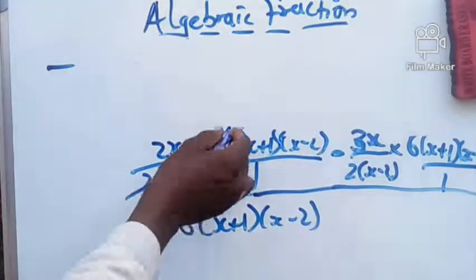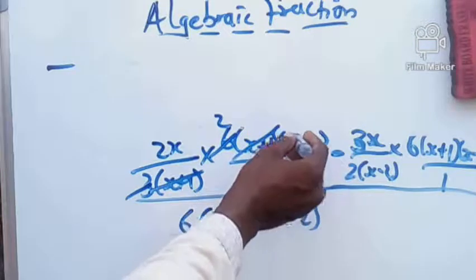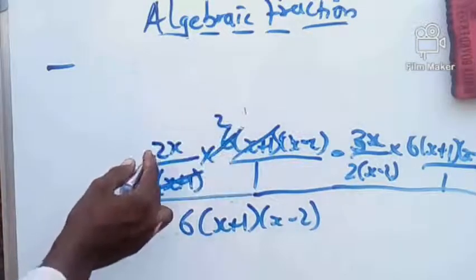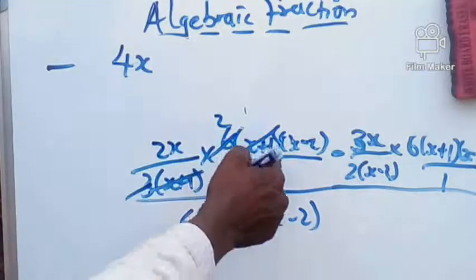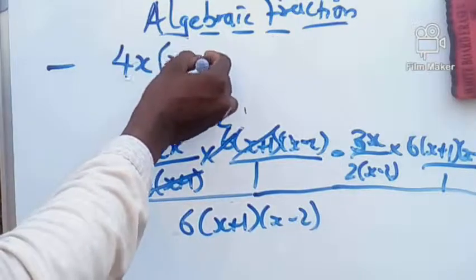Notice that 3 can take care of 6 and you have 2. x plus 1 can take care of x plus 1, and you have x minus 2. So what I have left is 2 multiplied by 2x, which gives 4x, multiplied by x minus 2, written as 4x into x minus 2.